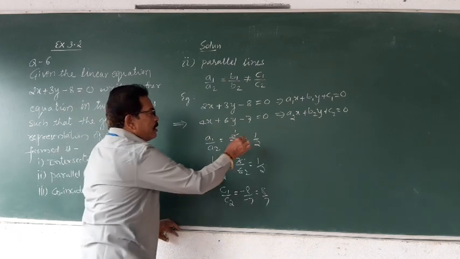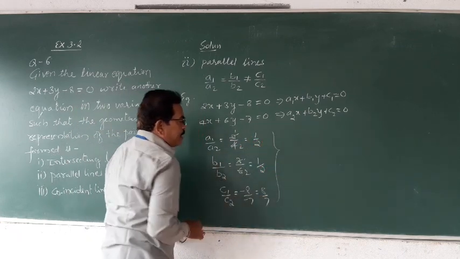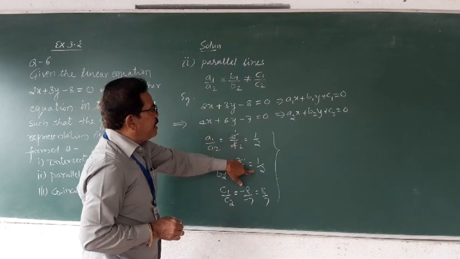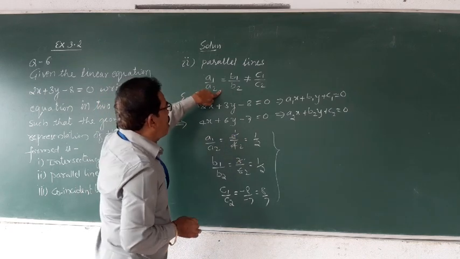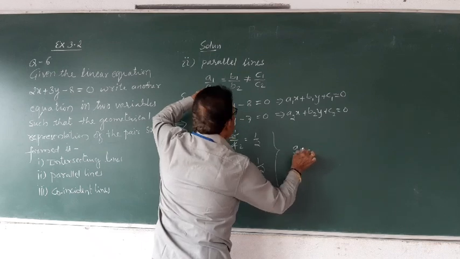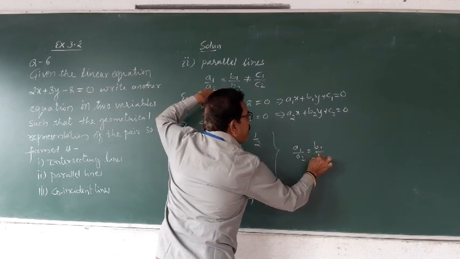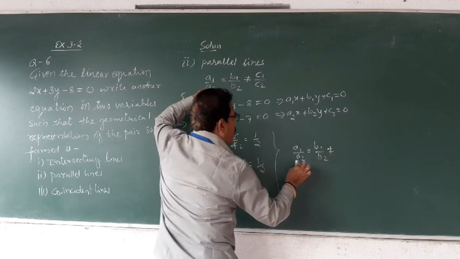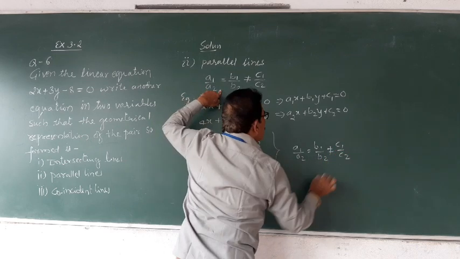Observe the values obtained. See, that will definitely satisfy the condition. a1 by a2 is equal to b1 by b2, which is not equal to c1 by c2.